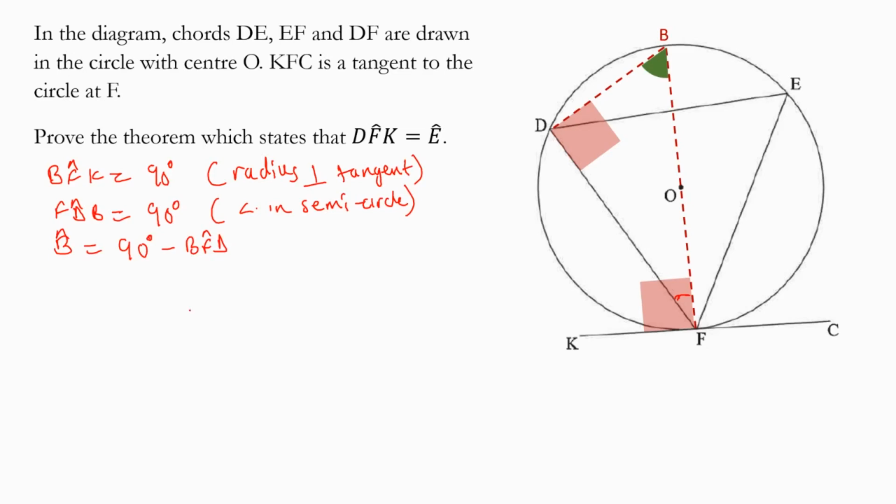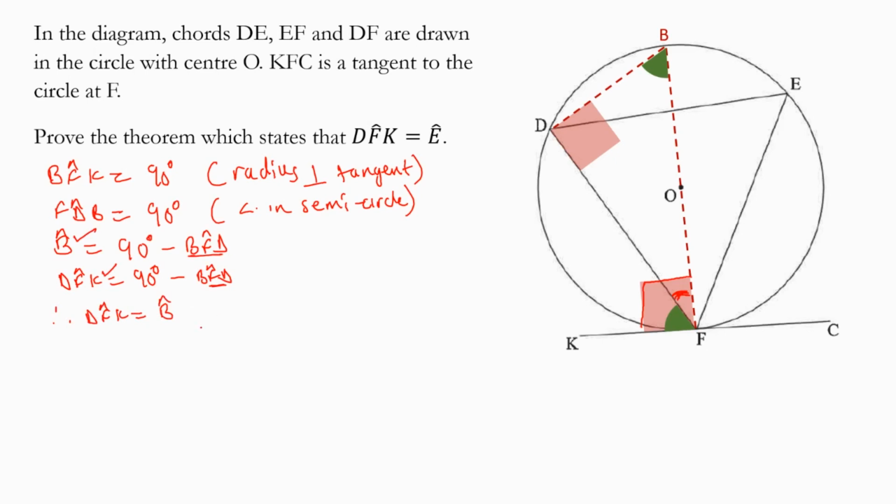And then also angle DFK is equal to 90 degrees minus the same angle BFD. This whole angle here, minus this angle here, gives us this angle. So we have 90 degrees minus BFD here and 90 degrees minus BFD here, meaning that angle B is equal to angle DFK. So therefore angle DFK is equal to angle B.